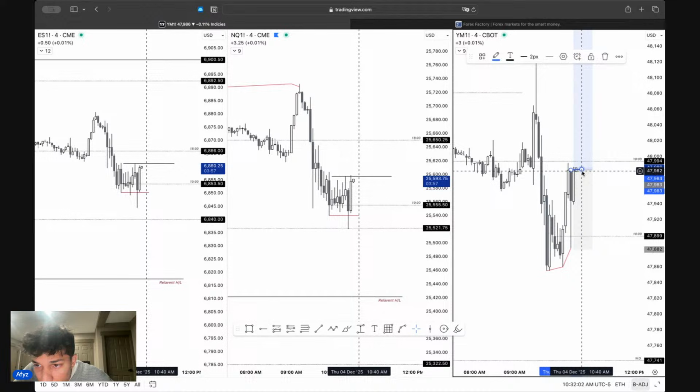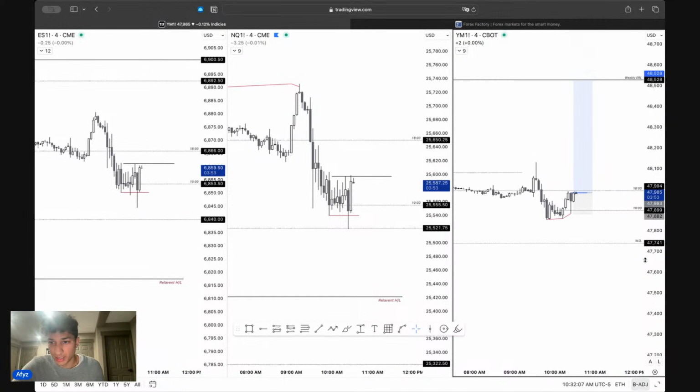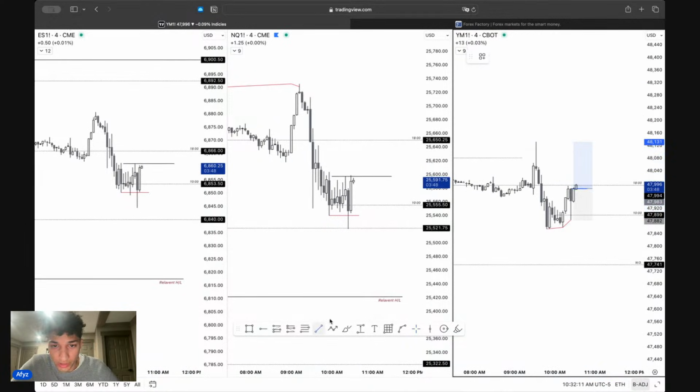Did it close? I'm going to take YM, guys. Risk to low. I'm targeting my first draw is going to be the high. I'll go break even here, and I'm just going to hold for the other side of the range.